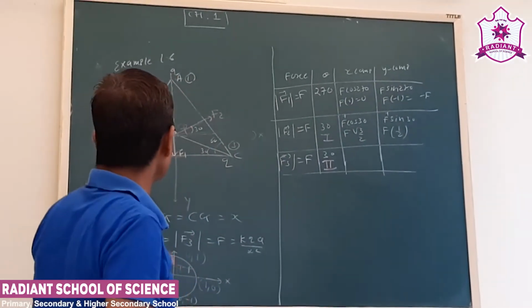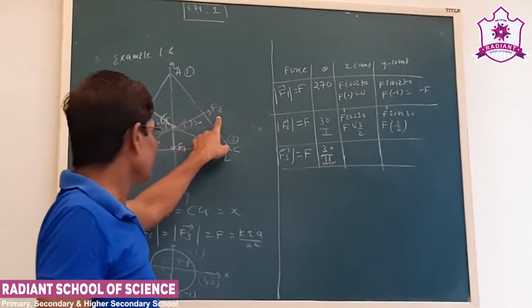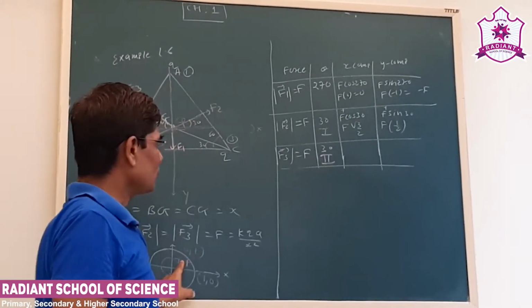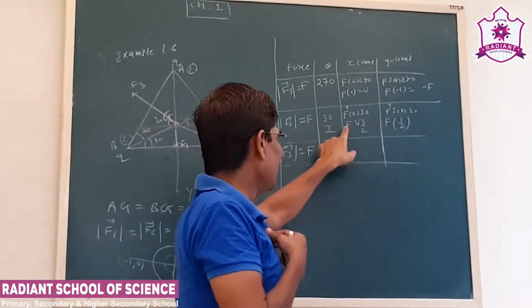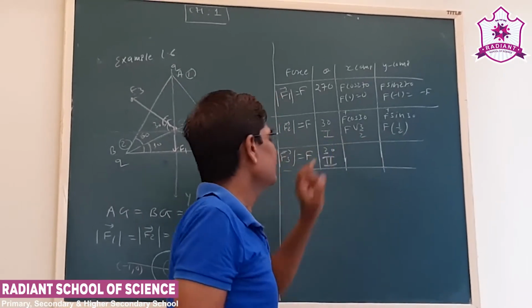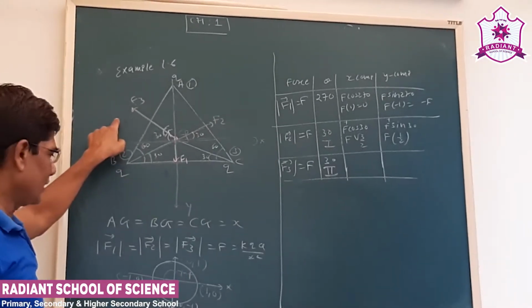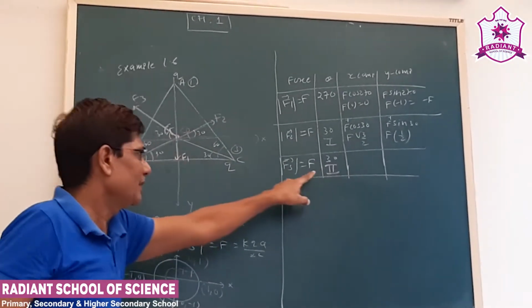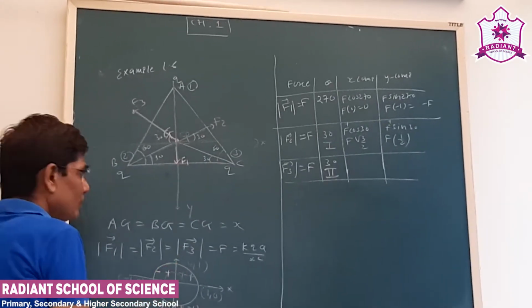Now the force F2 is in the first quadrant, again like charges, so there will be a repulsive force. With the 30-degree angle in the first quadrant, both x and y will be positive. So it will be F into root 3 by 2, F into 1 by 2. Now the force F3 is in the second quadrant, where x will be negative and y will be positive.